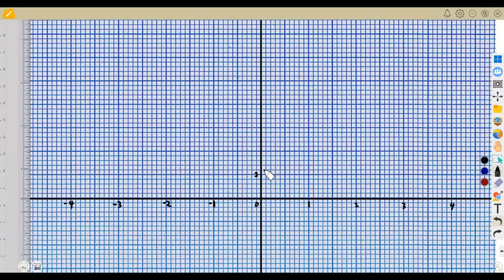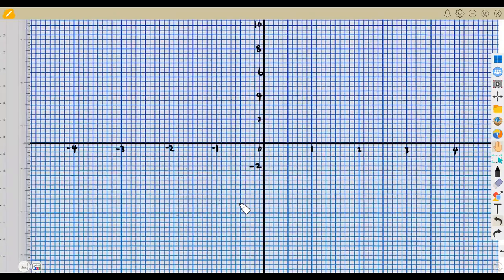All right, so let us just use 2, 4, 6, 8, 10, 12, 14. All right, -2 this side, -4, -6, -8, -10. I think it can accommodate all the values.